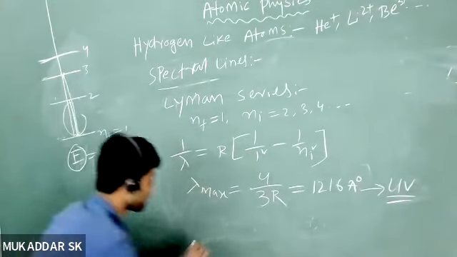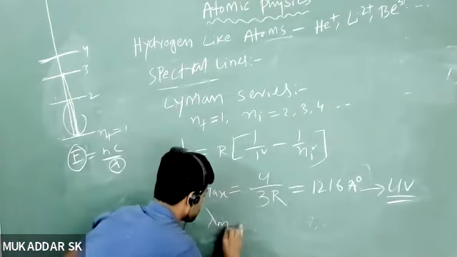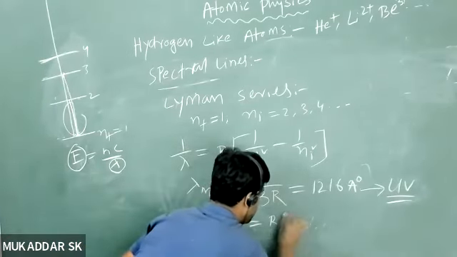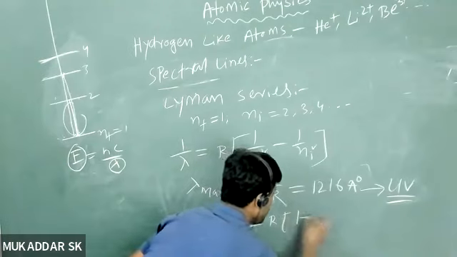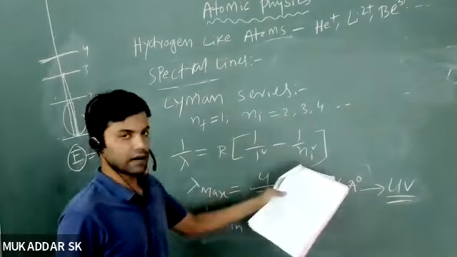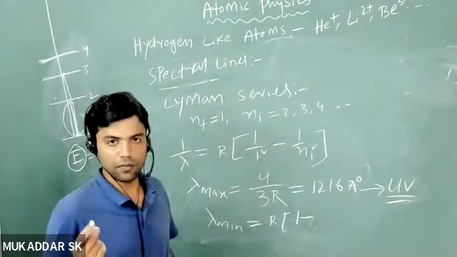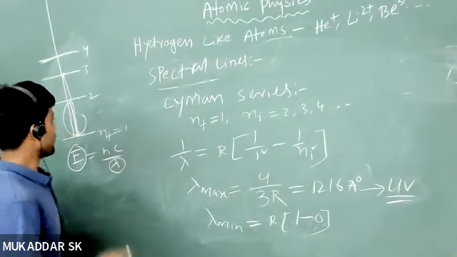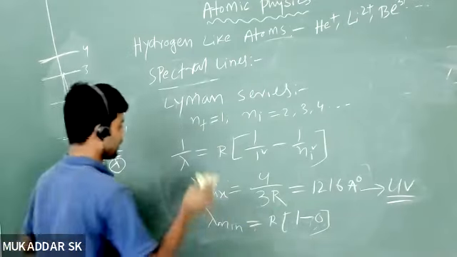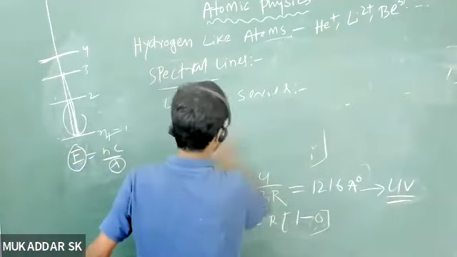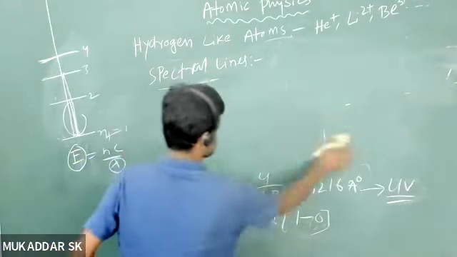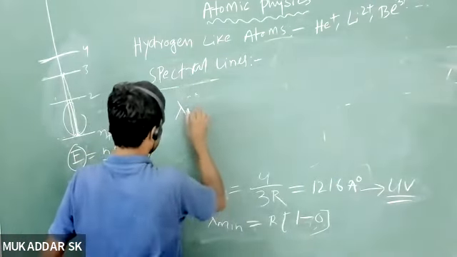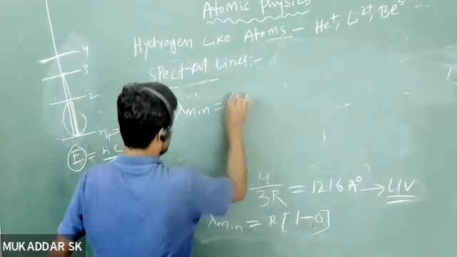So, lambda min will be how much then? If you substitute R, and 1 by 1 square, and 1 by Ni square, Ni is how much? Infinity. So 1 by infinity will be how much? 0. It means the minimum wavelength lambda min will be 1 by R, right?